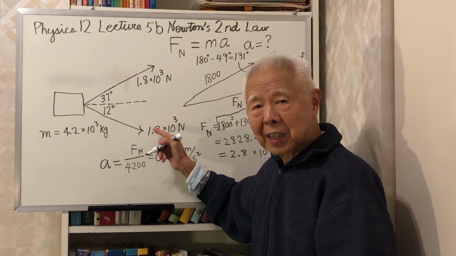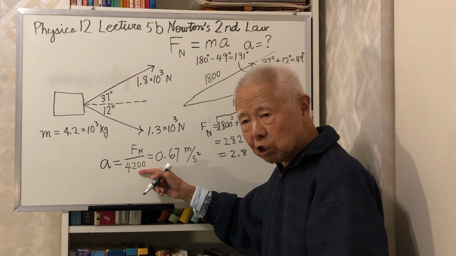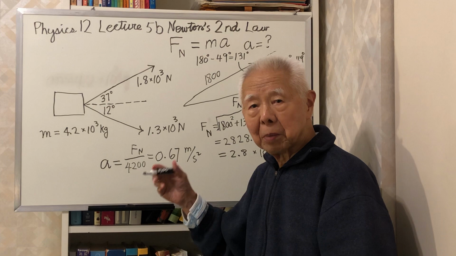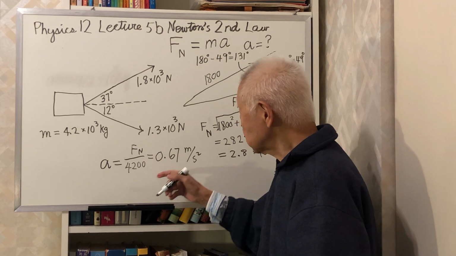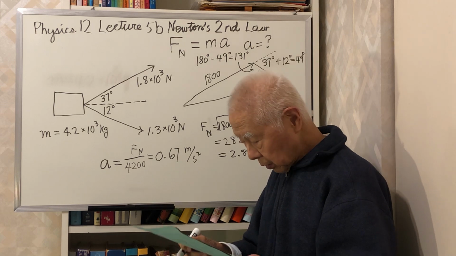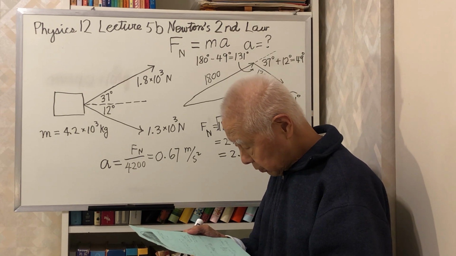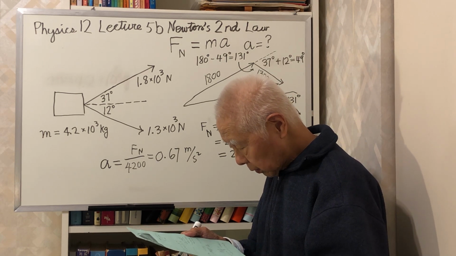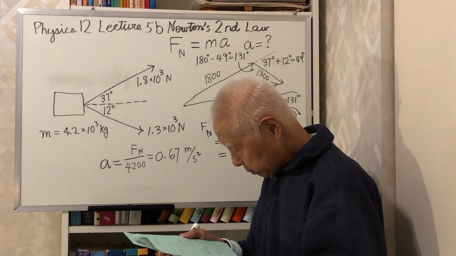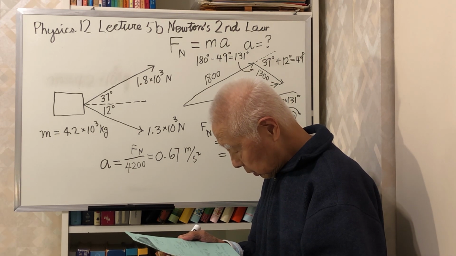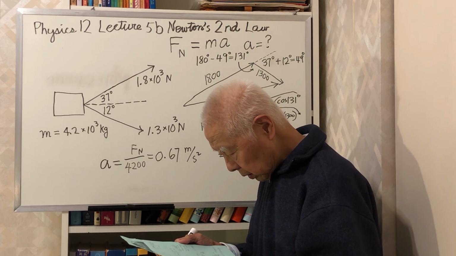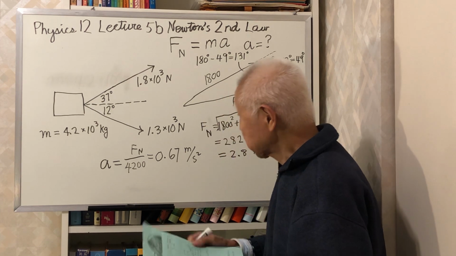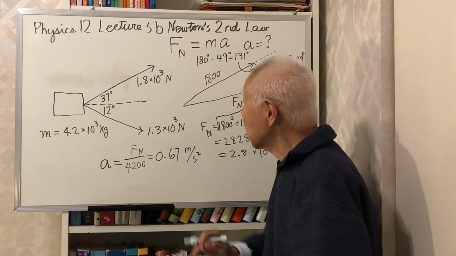When you use the calculator to do this calculation, again you get many digits, and you round it, you get this answer. Okay, that's the answer, A.